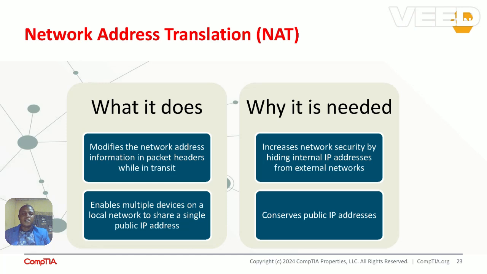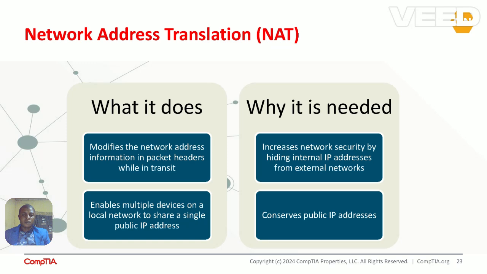Now, network address translation, in summary, the abbreviation is NAT. What does it do? Number one, it modifies the network address information in the packet header which is in transit. So any information in transit, you do the modifications.